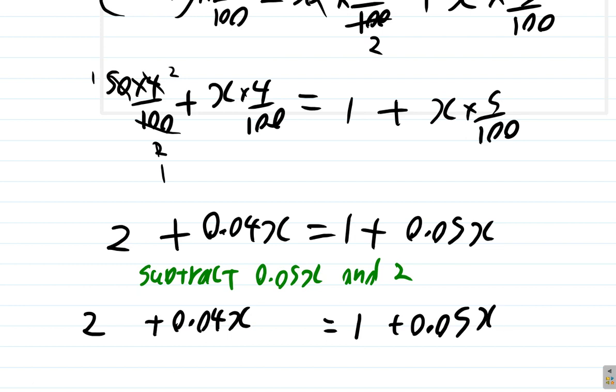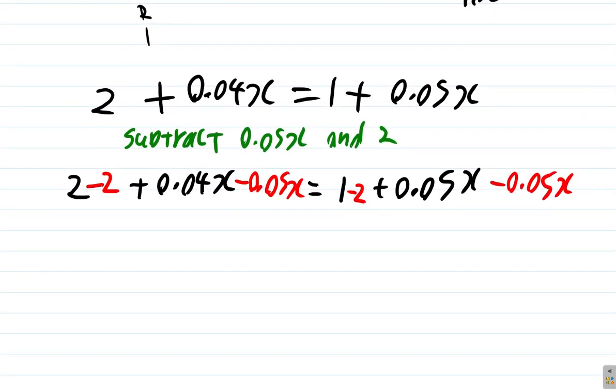Now we do the subtraction. We subtract 0.05x from the left, and we also subtract 0.05x from the right. We're subtracting 2 as well. So we're subtracting 2 here, we're subtracting 2 here. Let us see what happens. 2 minus 2 is 0. That's gone. So we don't have to worry about it again.